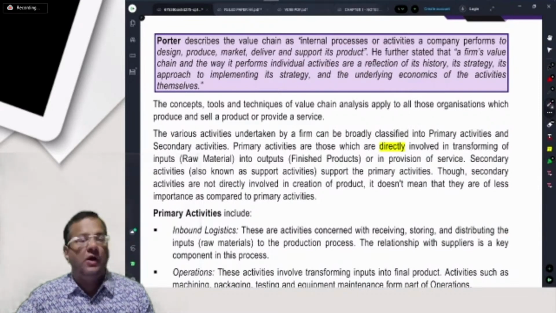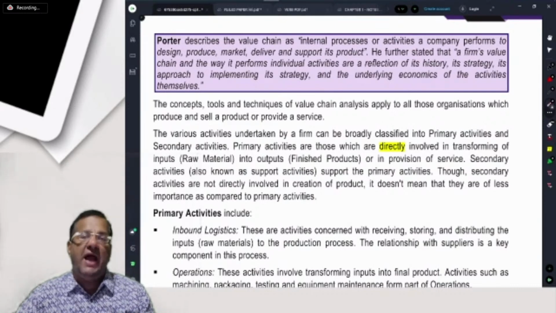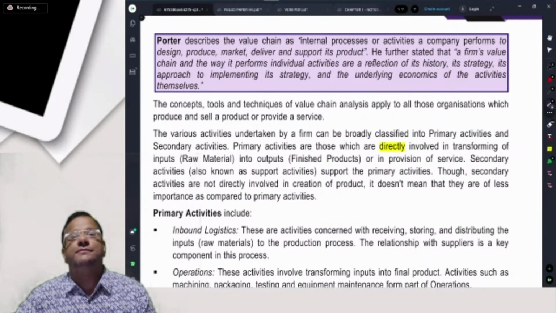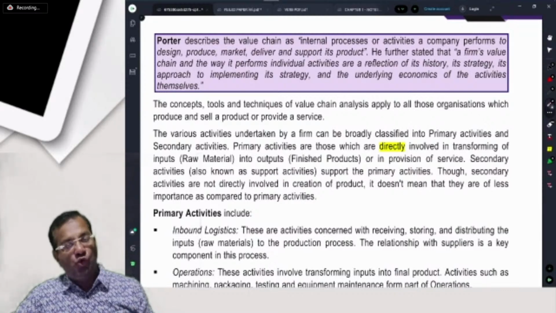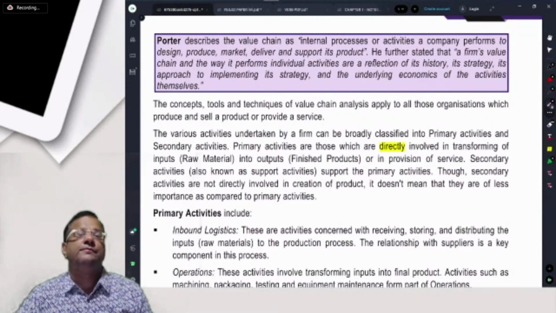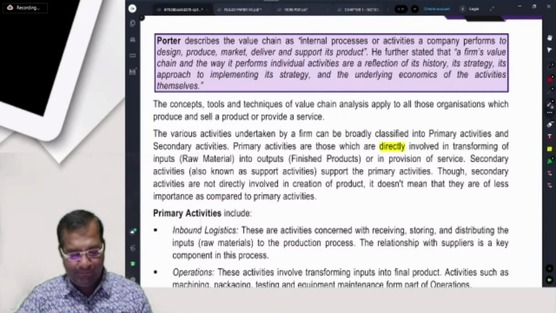Dash, and write: activities that support the primary activities are known as secondary activities.